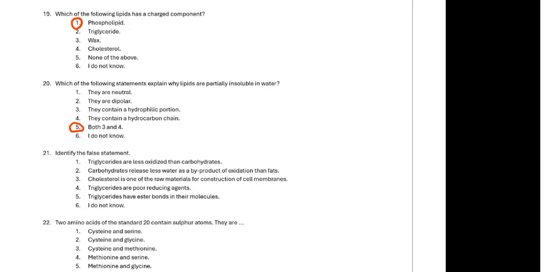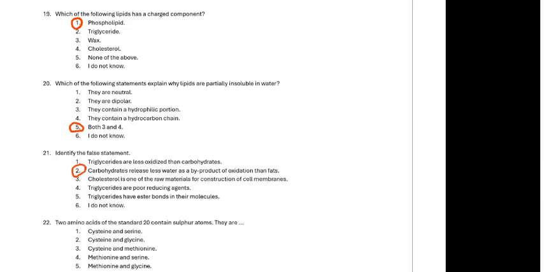So carbohydrates are already oxidized, then fats can be oxidized to release more. Cholesterol is one of the raw materials for construction of cell membranes, which is true. Triglycerides are poor reducing agents. Yeah, this is true. They don't easily lose hydrogen atoms. Triglycerides have ester bonds in their molecules, which is true. So the answer here, which is false, is number 2.